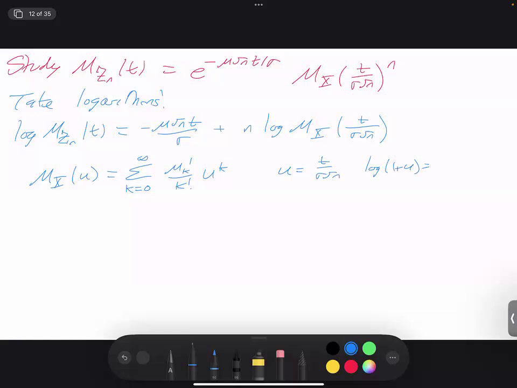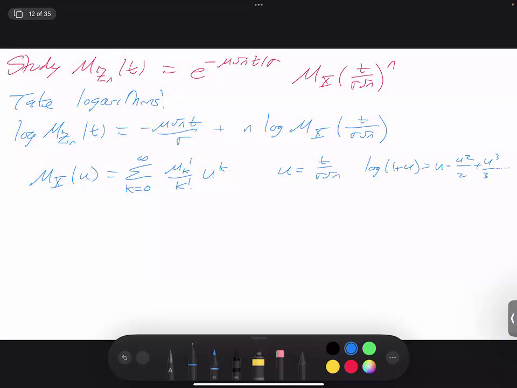Zero. So it's actually u minus u squared over 2 plus u cubed over 3 minus, it alternates. And if u is a small positive number, the log of 1 plus u is going to be greater than 0, so it makes sense it would start off as u.